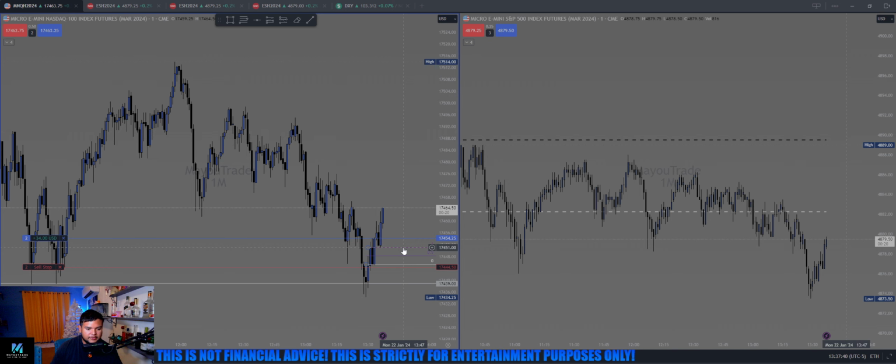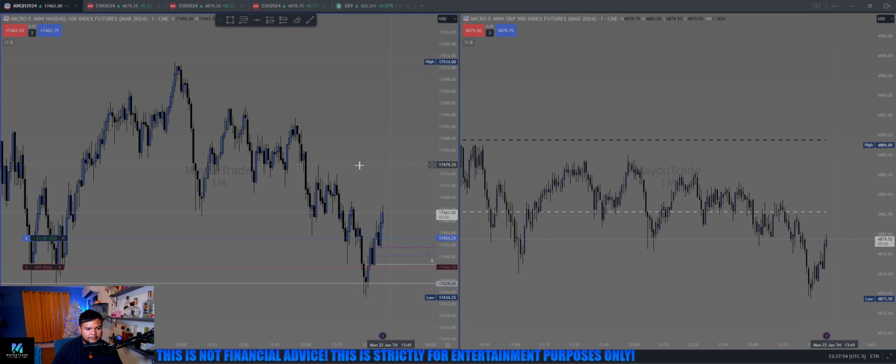And let me see. We'll see if it breaks this high. But really, I want to aim for this. This would be the area I want to get. So in this fair value gap right here. Let me extend right.